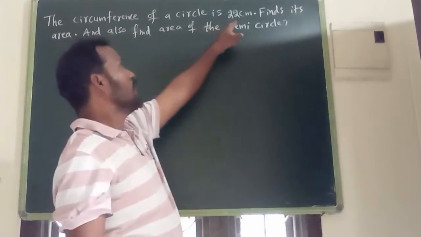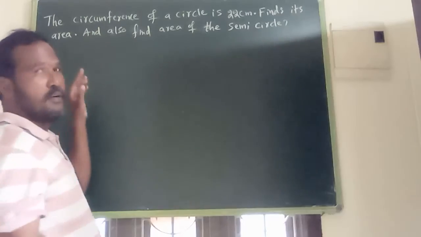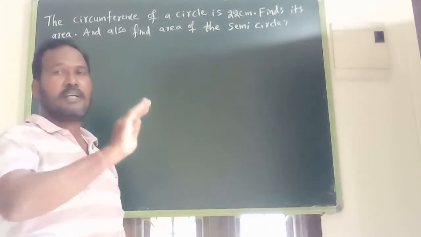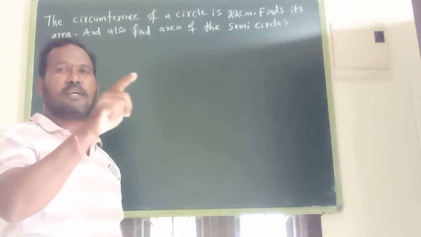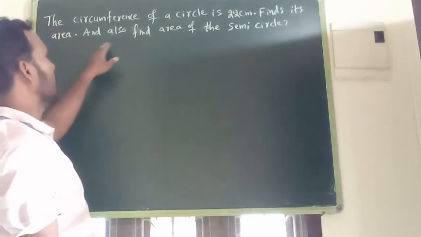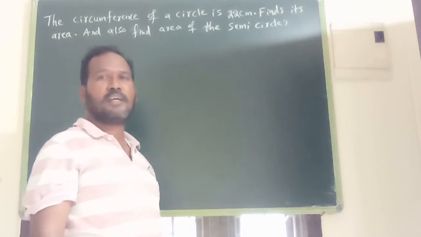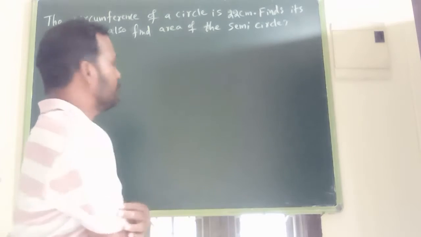Then find its area, meaning the space inside the circle, and also find the area of the semicircle.